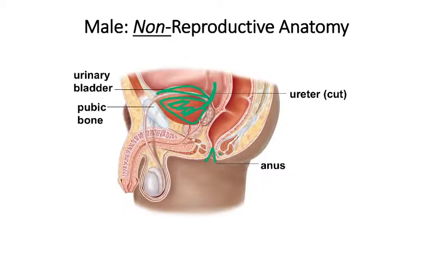We've got the rectum and the beginning of the sigmoid colon. We've got the pubic symphysis, which is sometimes called the pubic bone. And assorted skeletal muscles.